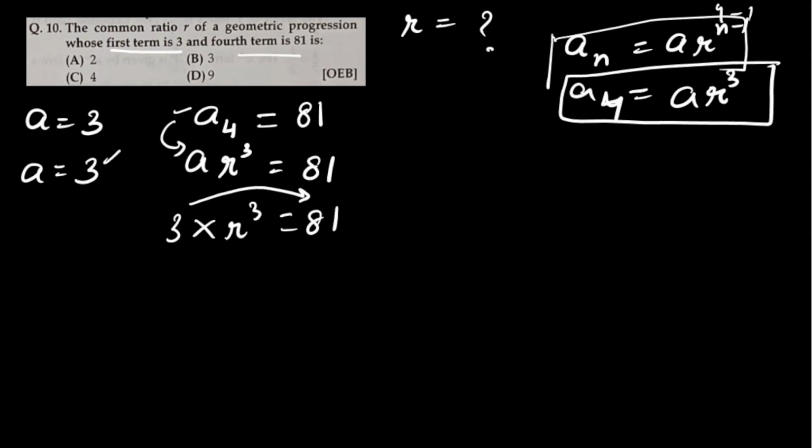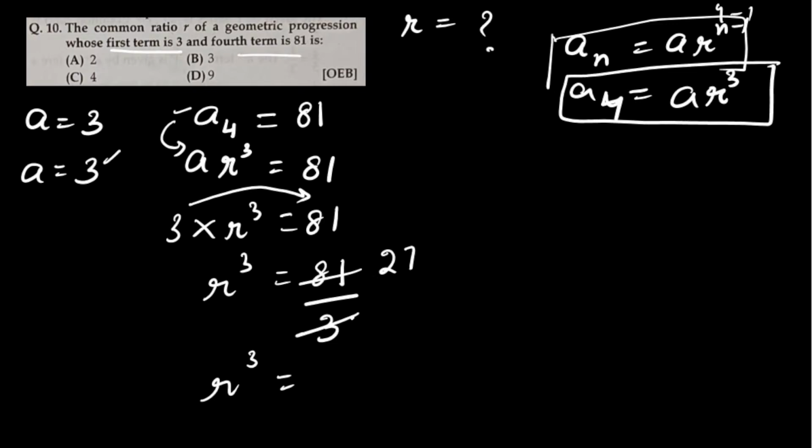Now 3 we will shift to the other side. Because this 3 is getting multiplied, R cube is equals to 81 divided by 3. When you divide it, you will get 27.